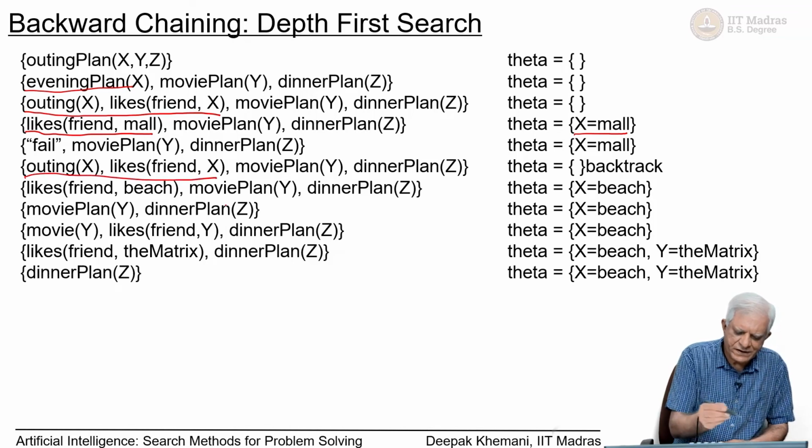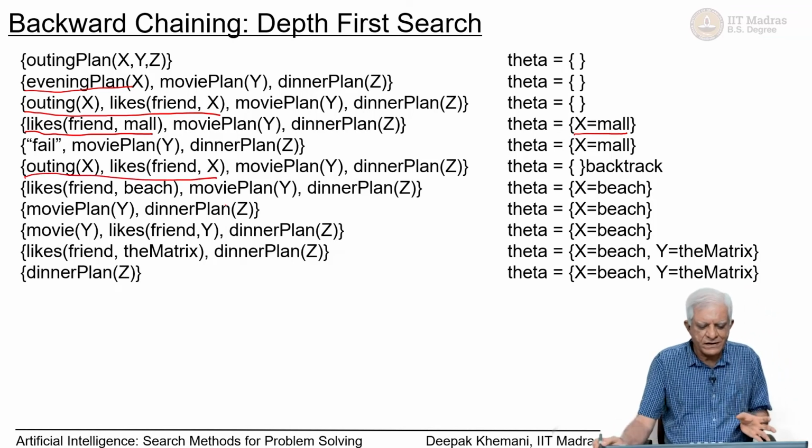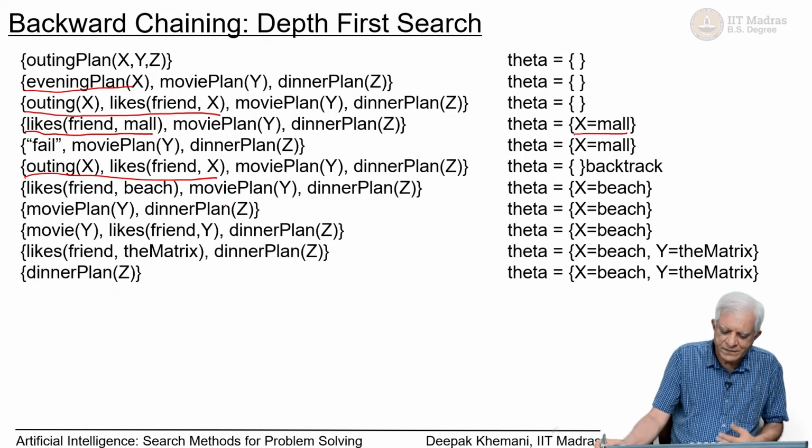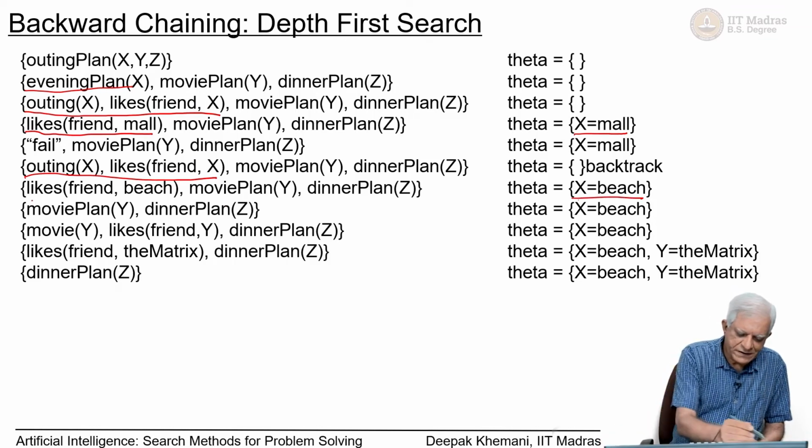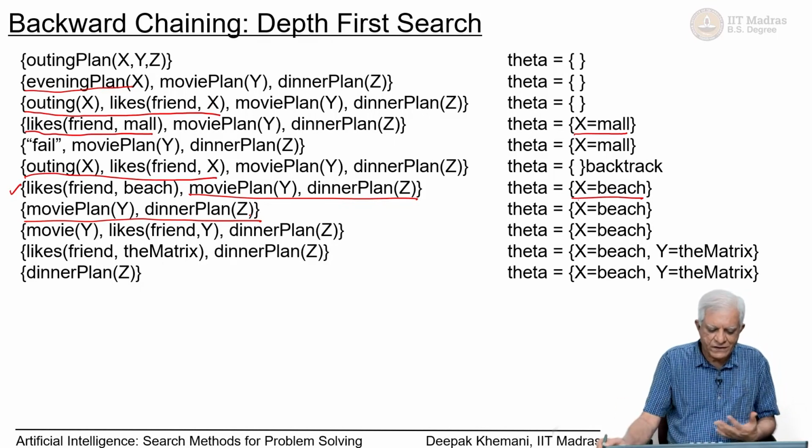Once we have solved this X part, which is the outing, then we will solve the Y and the Z part, which is the movie and the dinner. So, next time it tries X equal to beach, and it so works that your friend likes the beach. So, this part is fine. So, you are done with the outing plan, and what remains is the movie plan Y and the plan Z. So, this is what becomes the goal set that you have to solve essentially.